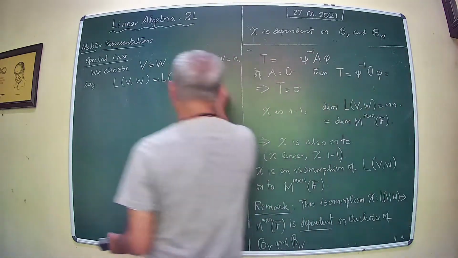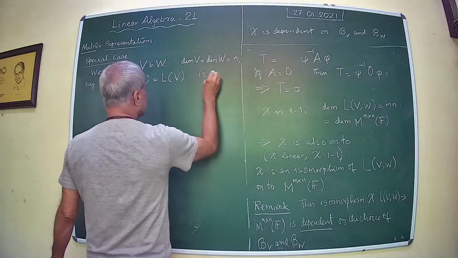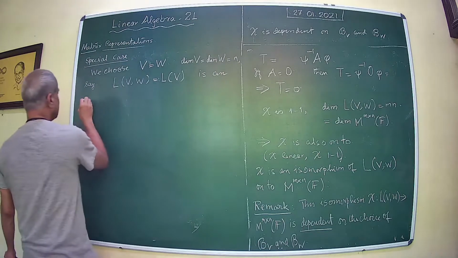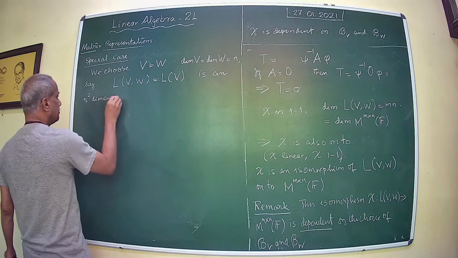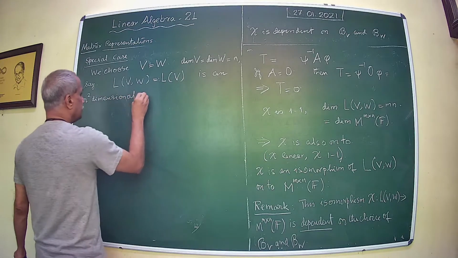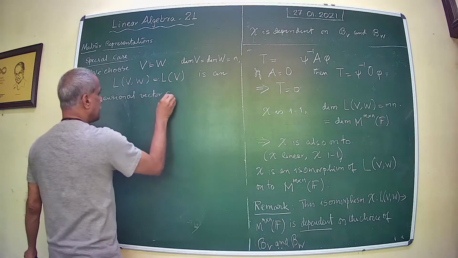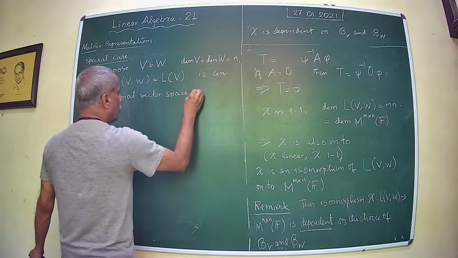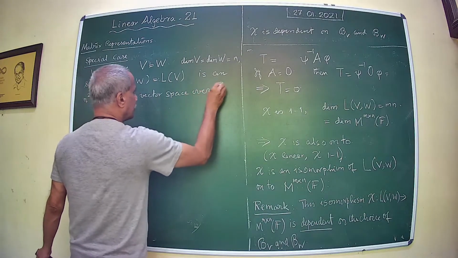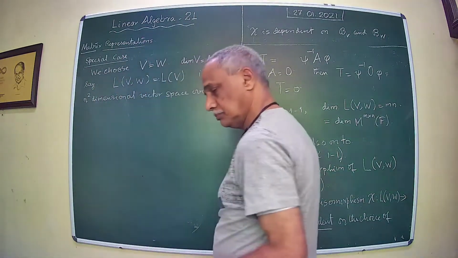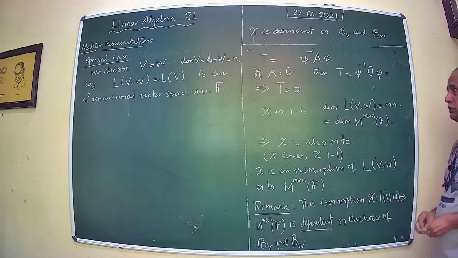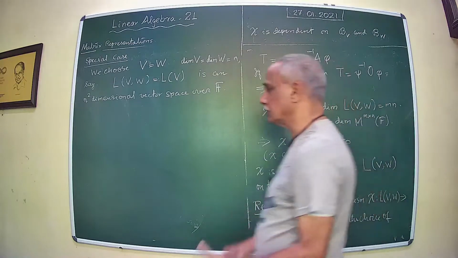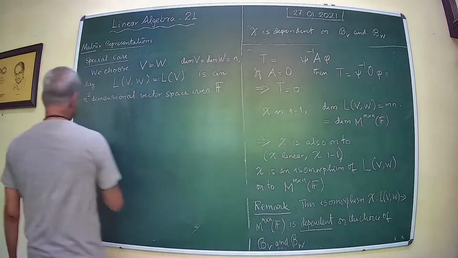And this is an n square dimensional vector space over F. So we are now interested to look at T belonging to LV.